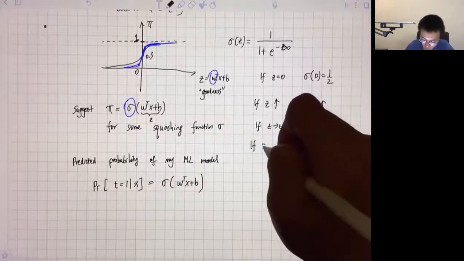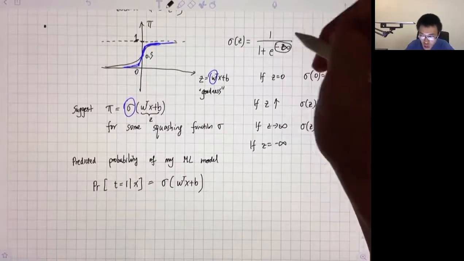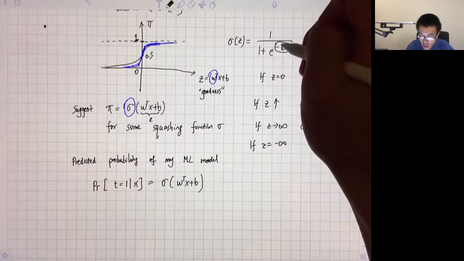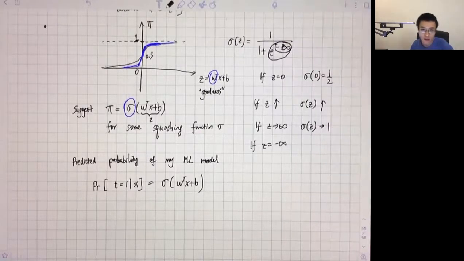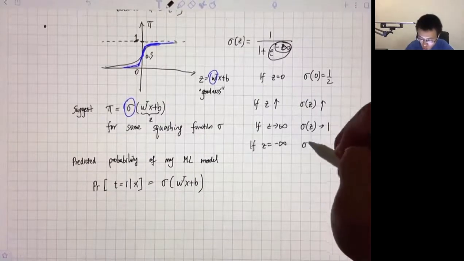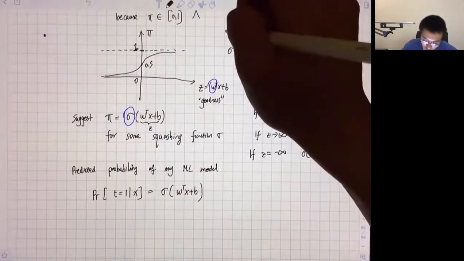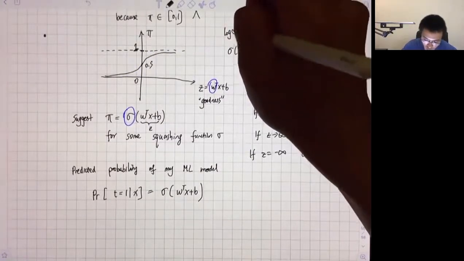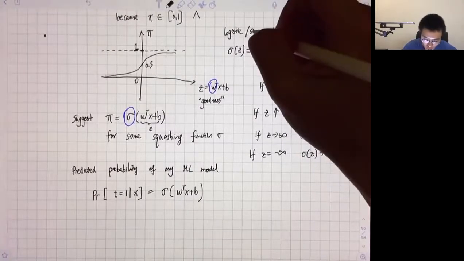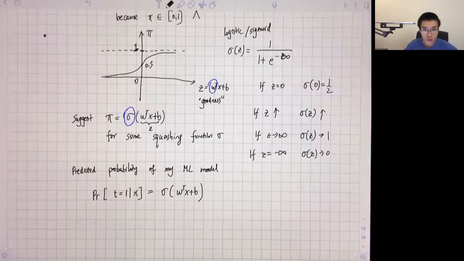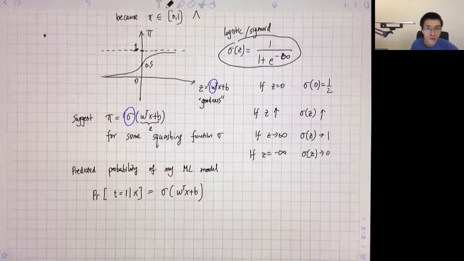Then if Z goes to minus infinity, then e to the minus infinity becomes e to the infinity, then this term becomes infinity, then 1 divided by infinity is almost 0. So 0, okay? So this function here is known as the logistic function or sigmoid function. If you see sigmoid function or logistic function, they refer to the same thing. They just refer to this function in this shape, okay?